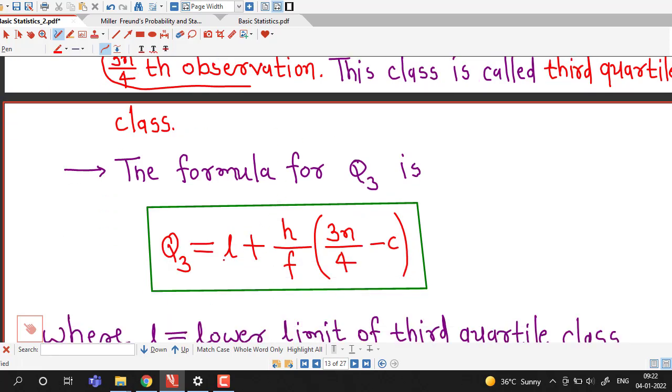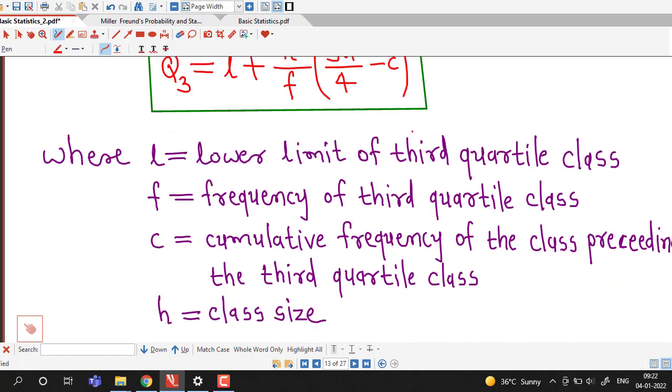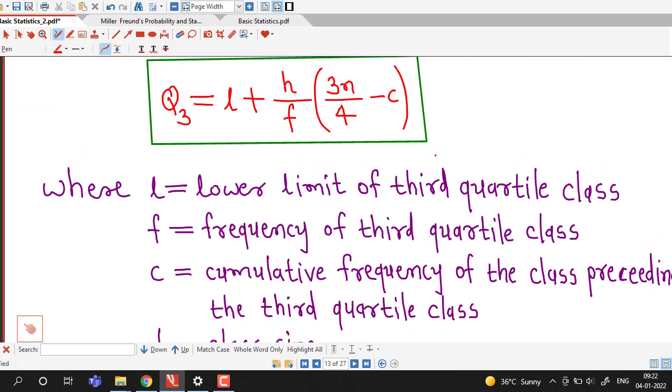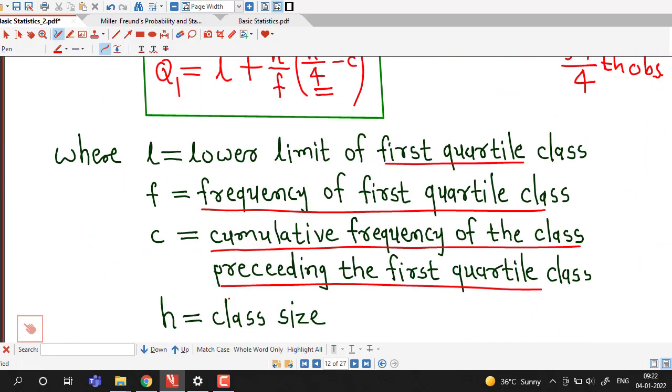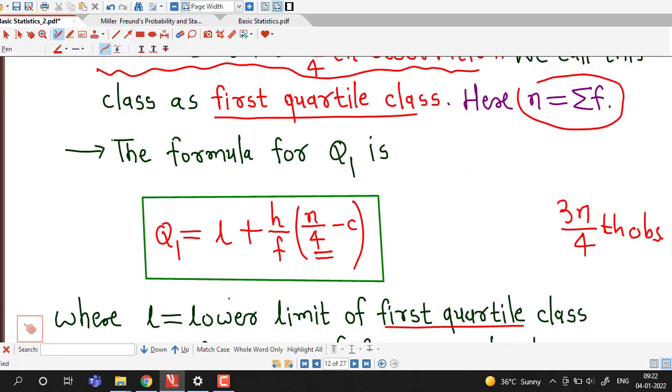This is the formula for third quartile: L plus H by F times 3N by 4 minus C. L is the lower limit of the third quartile class, F is the frequency of third quartile class, C is the cumulative frequency of the class preceding the third quartile class, and H is class size. So you can see the similarity between these formulas.